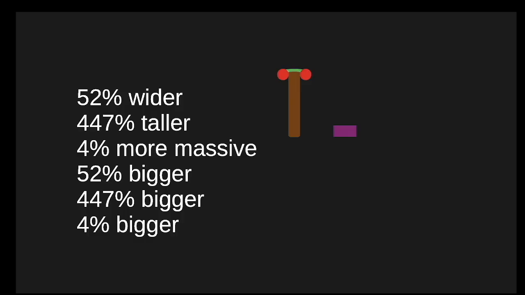But remember, bigger is a vague comparison that could mean wider, but also could mean taller. So the first object is 52% bigger than the second object, and also the first object is 447% bigger than the second object. Just be careful when you use percent with a vague comparison word.